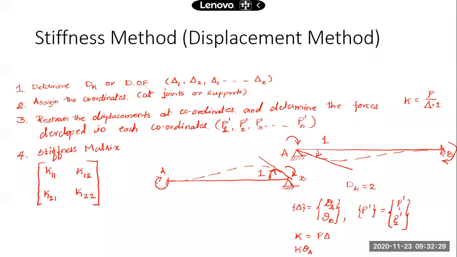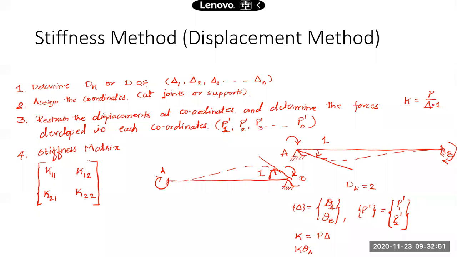Similarly, if you find the force developed in the first coordinate because of unit displacement in second coordinate, that will be K21. Force in first coordinate due to unit displacement in second coordinate. Okay, K21. Now we'll relate this with the basic equation. These are the forces due to unit displacement.